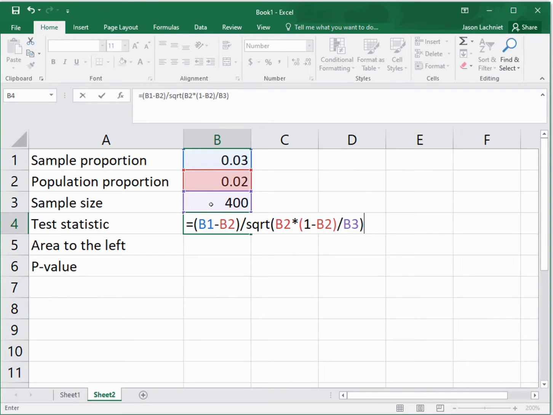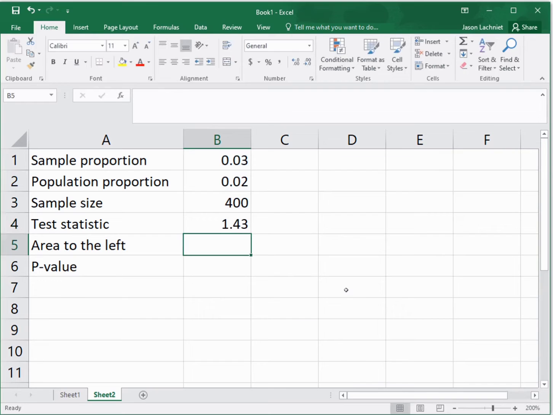So altogether, we've got equals B1 minus B2 in the numerator and square root of B2 times the quantity 1 minus B2 over B3 in the denominator, noting a set of parentheses grouping up those two terms in the numerator, noting that those parentheses for the square root function encompass that entire product, B2 times 1 minus B2 over B3. So we'll evaluate that and we get a test statistic, which is really a z-score, right? So that's our z-score.